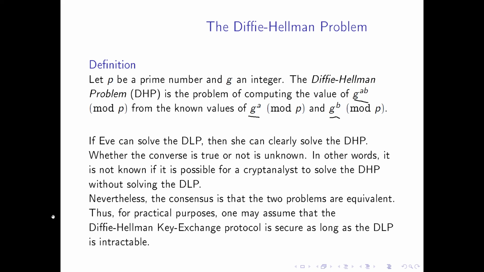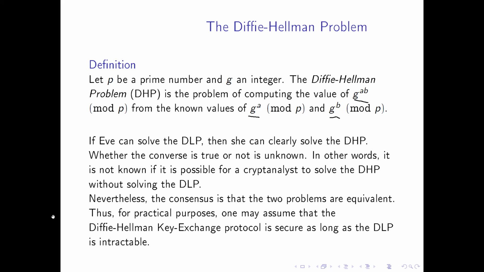So in general, the consensus is that these two problems are equivalent. And this happens all the time in a lot of different areas of math and computer science, such as P versus NP and so forth. We can argue about different things. But for practical purposes, the discrete logarithm problem and the Diffie-Hellman problem, we consider them the same level of complexity.